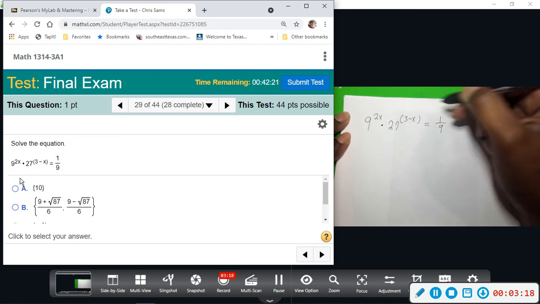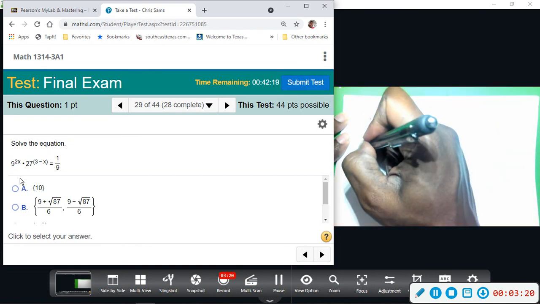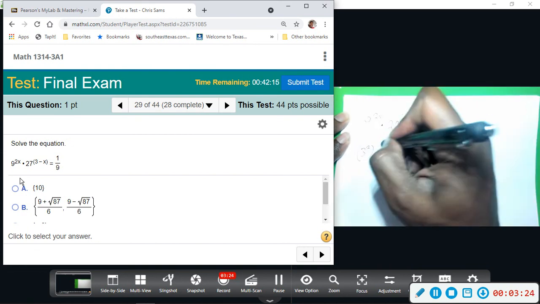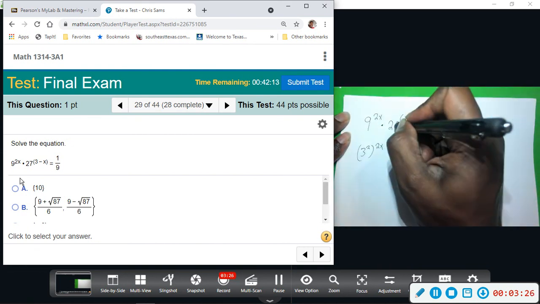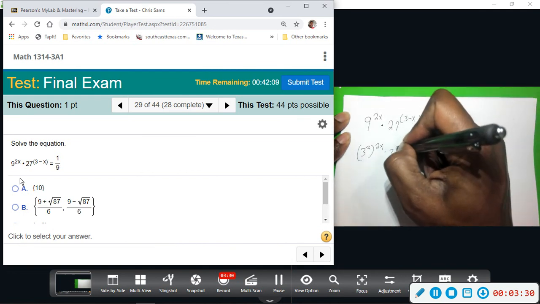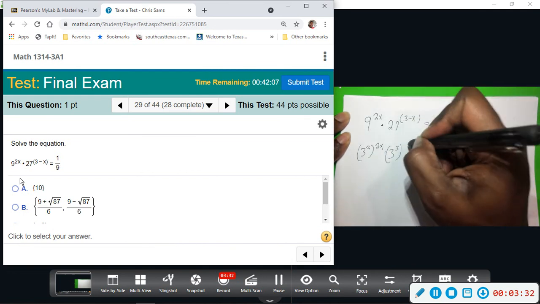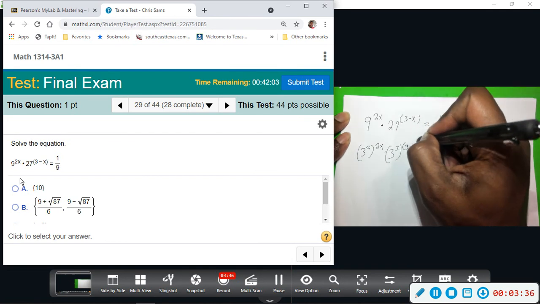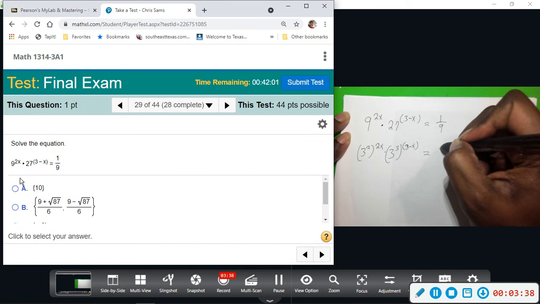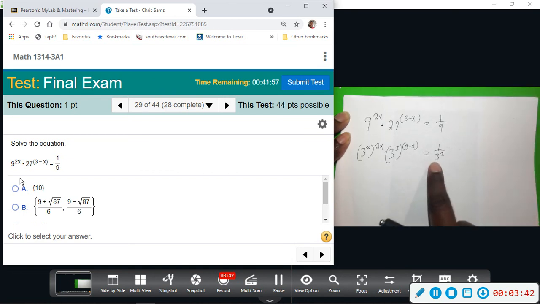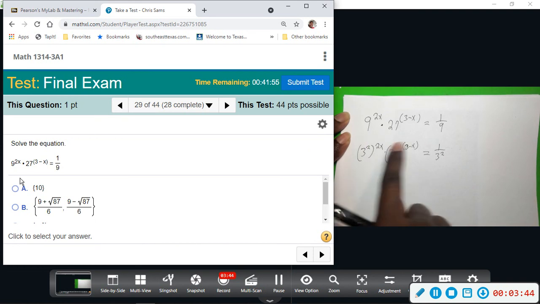Alright, so the 9 can be rewritten as 3 squared, and that's still raised to the 2x power. 27 can be rewritten as 3 cubed, and that's still raised to the 3 minus x power. And then we can write this as 1 over 3 squared. We're going to move this up, and we're going to multiply these powers.